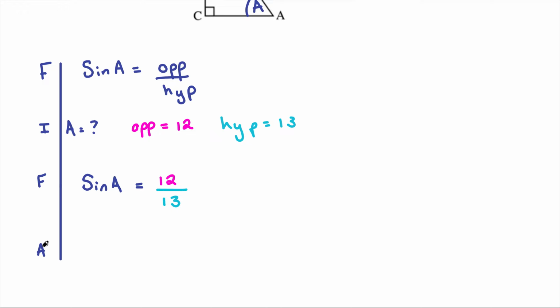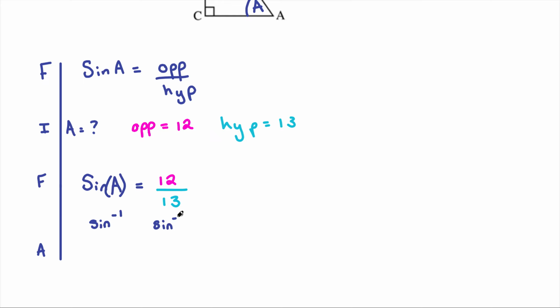So here's what you have to ask yourself. What is happening to A? We're getting sine of the angle. Now, if I want to get rid of sine of the angle, I have to get rid of sine. And to do that, we need to use something called sine inverse. So we're going to go sine, and it's written like that, sine to the -1.